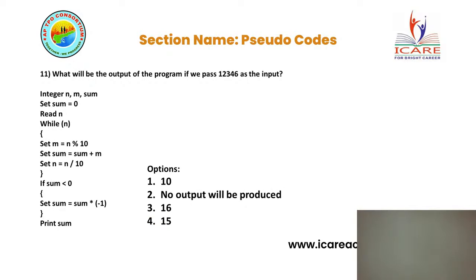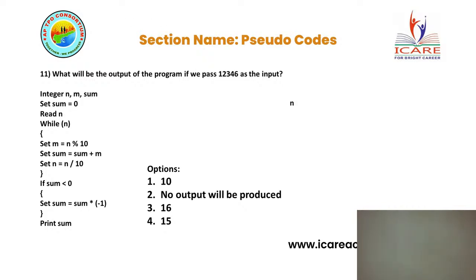And in the next question, what will be the output of the program if we pass 1, 2, 3, 4, 6 as the input? They're asking what is the output of the program if we pass 1, 2, 3, 4, 6 as input. So they have mentioned integer n, m, sum.